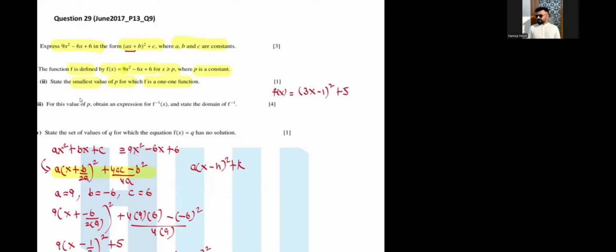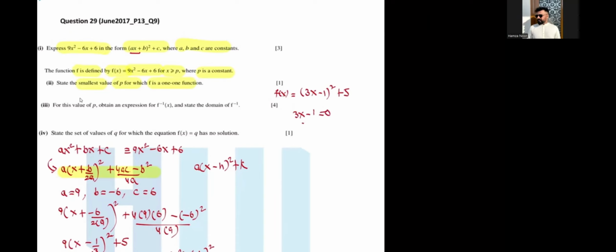So this 3x − 1 will be equated with 0. Therefore, x is equal to 1/3 and y is equal to 5. So I'm going to say that (1/3, 5) is the turning point of the quadratic graph.